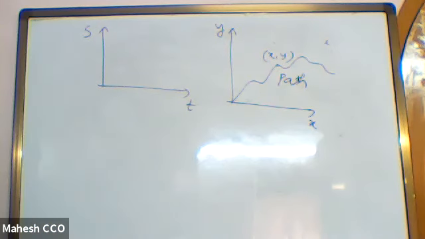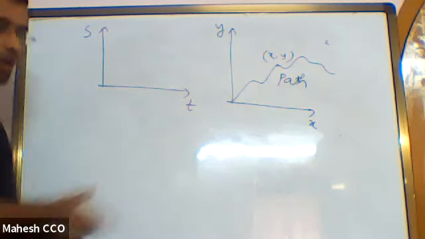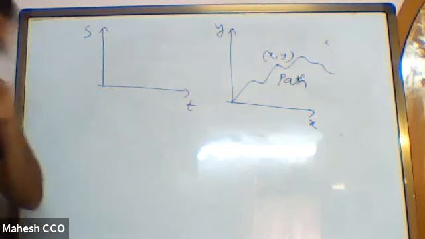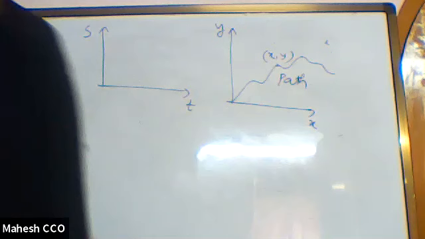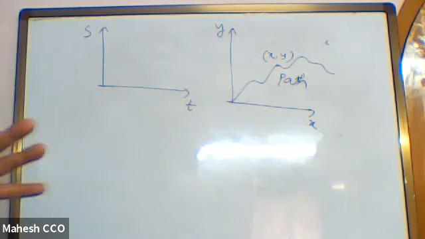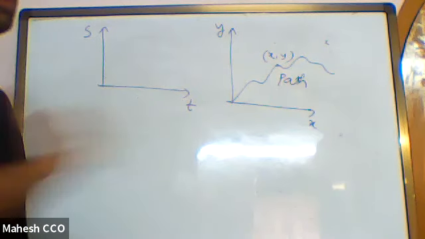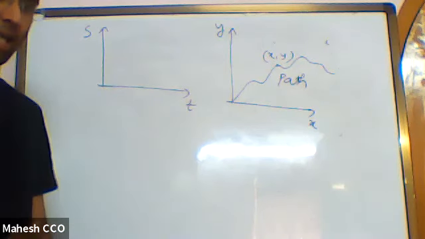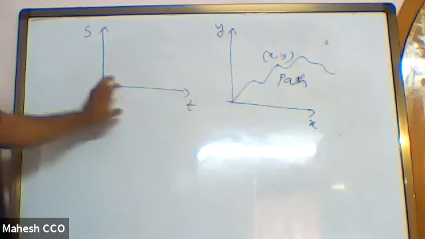Now, on the s versus t graph, we can draw this only if the particle is moving along one-dimensional motion. If the particle is not moving along a straight line, we have to draw two of these.